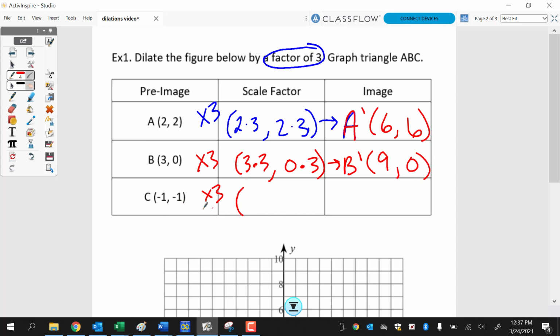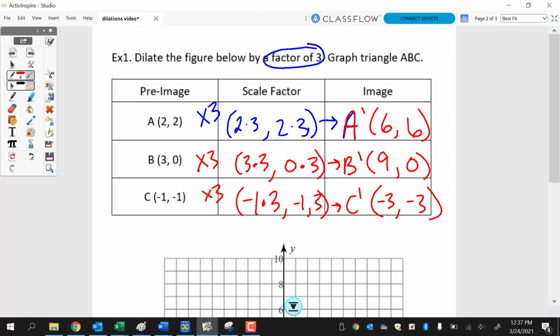Last point is my number, -1, times my factor 3, and the second number, -1, times my factor 3. So for C prime, -1 times 3, you can type that in if you're not sure about the negatives, is -3. -1 times 3 again, -3.